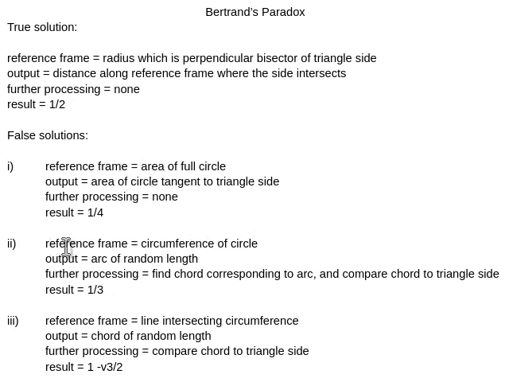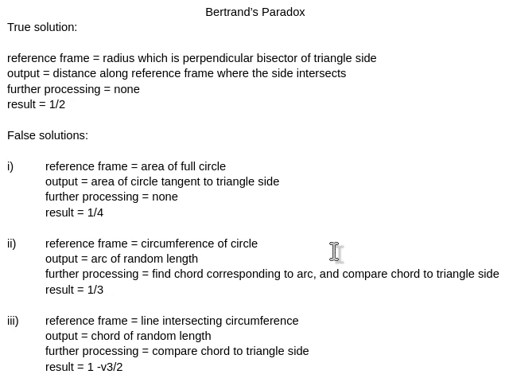So the second one, this is the last classical solution presented by Bertrand, and the last one that anybody else before me found, apparently. So your reference frame is the circumference of the circle, and the output ends up being an arc of random length. So again, this has nothing to do with the triangle, right? So we need to do further processing, and what we need to do is find the chord corresponding to that arc, and then compare that to the triangle side.